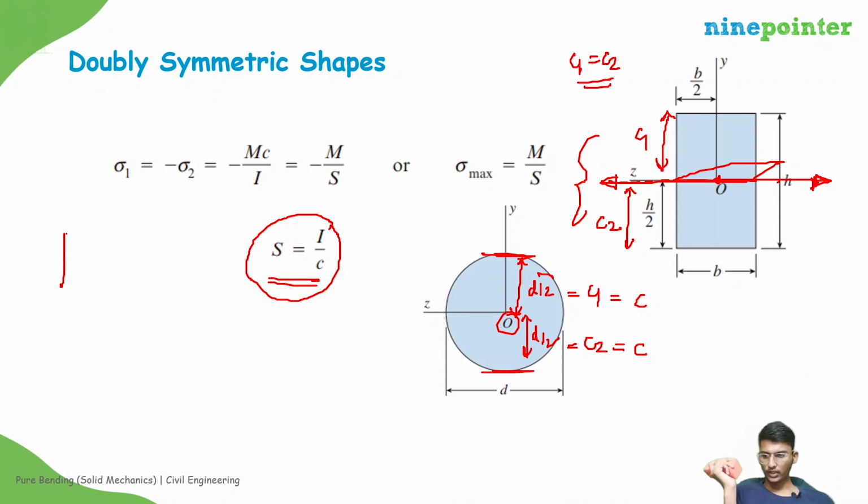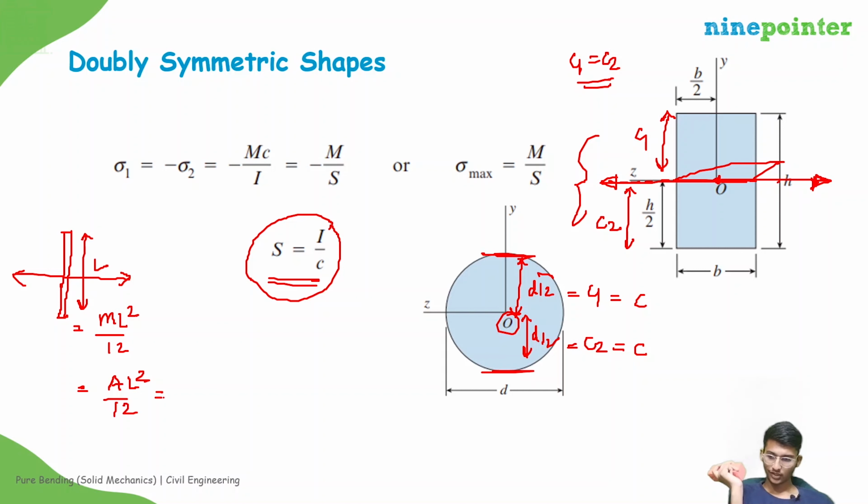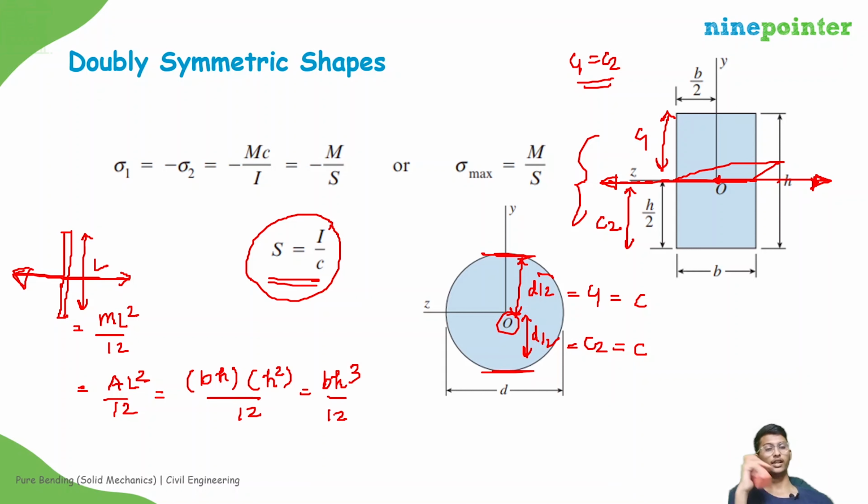If there is a rod of length L, the mass moment of inertia is given by mL square by 12. In the case of area moment of inertia, just replace mass by area. So for this axis, the area is B into H, and the length is H, so the value of I will be BH cube by 12.